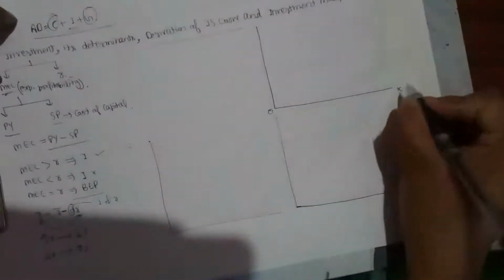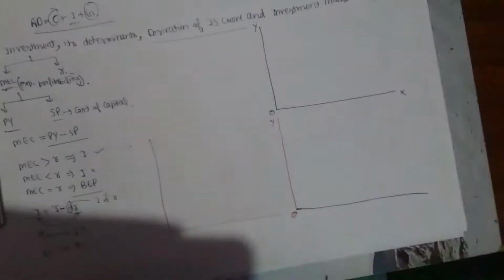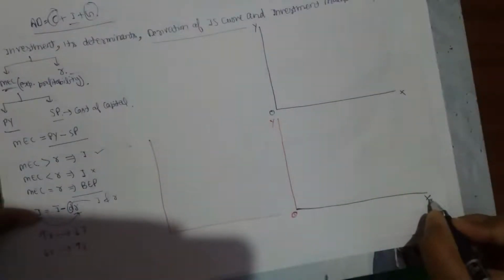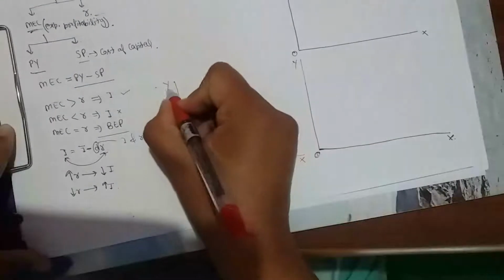This is the x-axis, this is the y-axis, and this is the y-axis. This is the x-axis for this diagram, and this is the x-axis for this diagram. This y-axis is for this diagram.